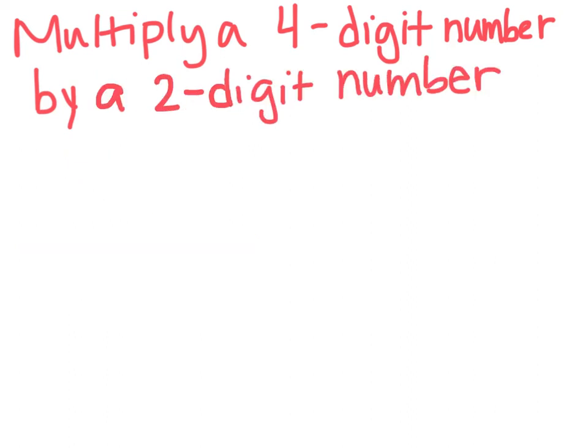All right, Rockstar multipliers. Now we're going to move on to multiplying a 4-digit number by a 2-digit number. This works exactly the same way as what we've done with 2-digit and 3-digit numbers. It's just a bigger number to work with. So let's begin with our first sample problem, which is 5,362 times 76.